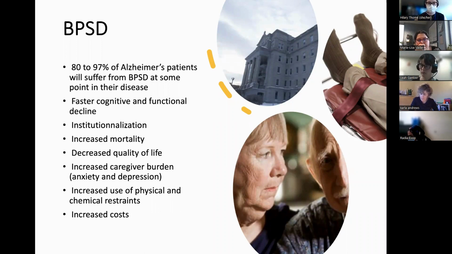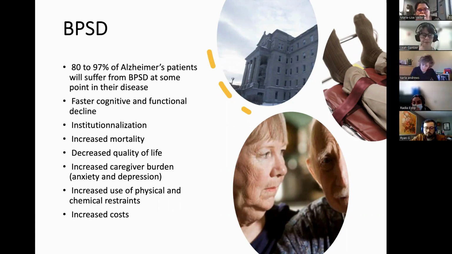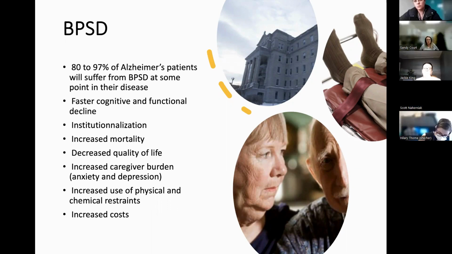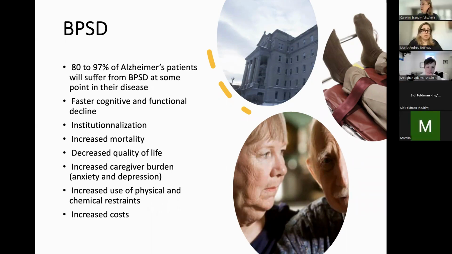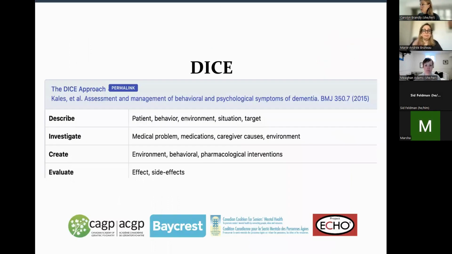Often it's the symptoms that are more bothersome to caregivers, more than the cognitive or functional impact. They are also associated with increased use of physical and chemical restraints and increased cost for the health system.